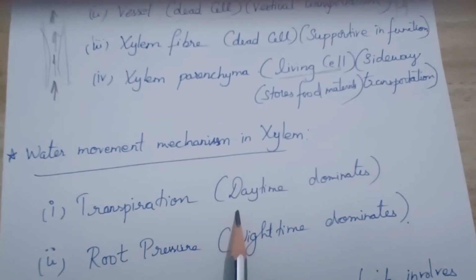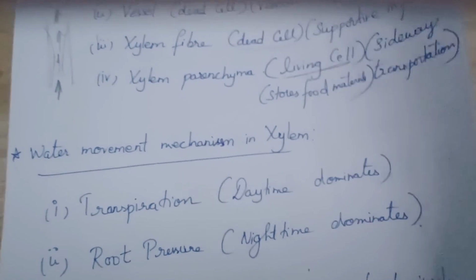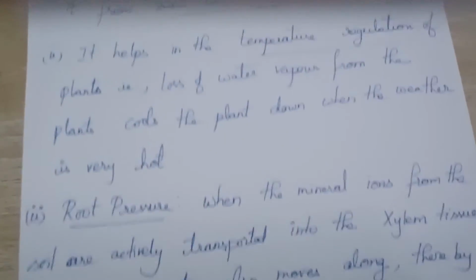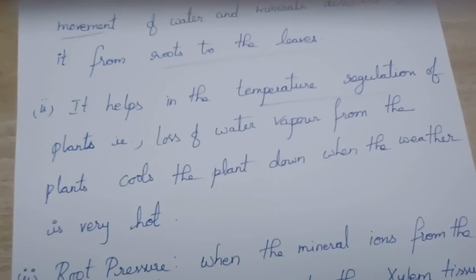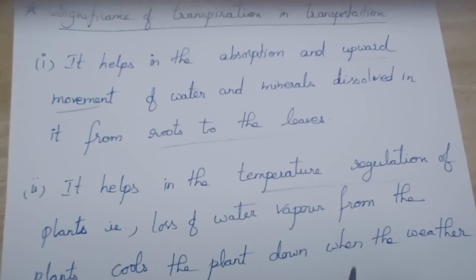Transpiration takes place during the daytime, and root pressure is more active during the night time. Okay, transpiration, because of the bonding of the water molecules, it will pull the water molecules. Along with the water molecules, minerals will also be pulled, and it helps in temperature regulation.